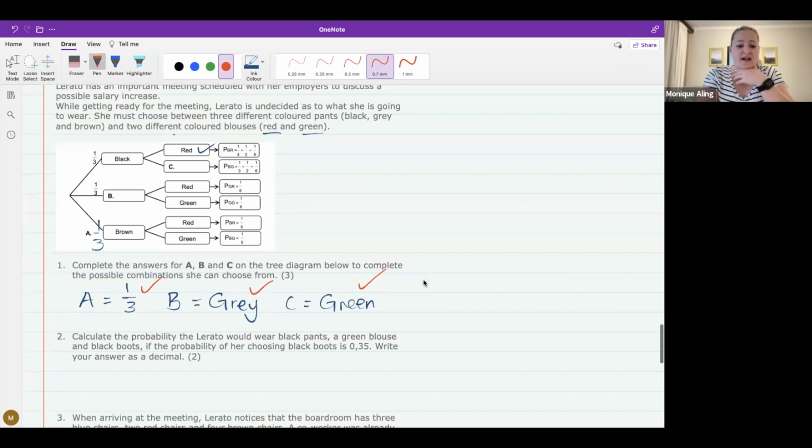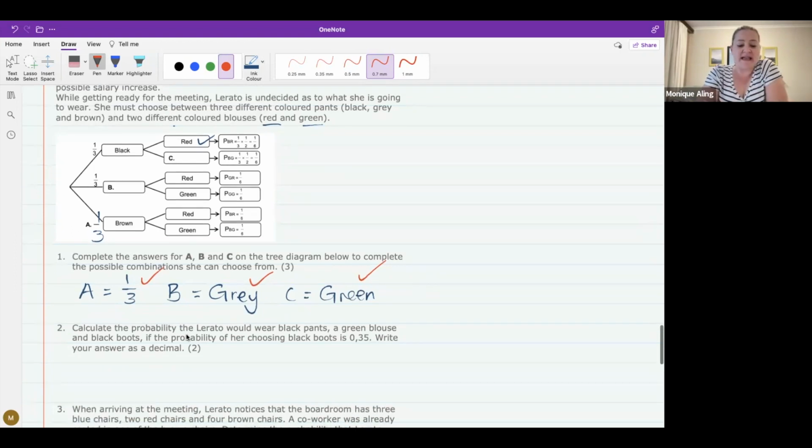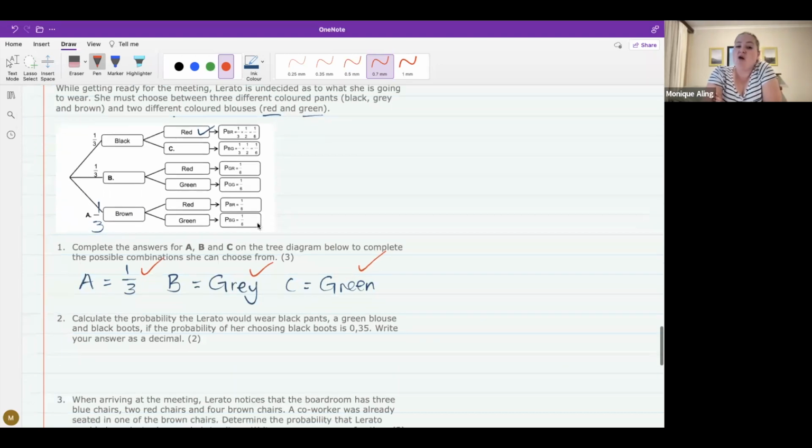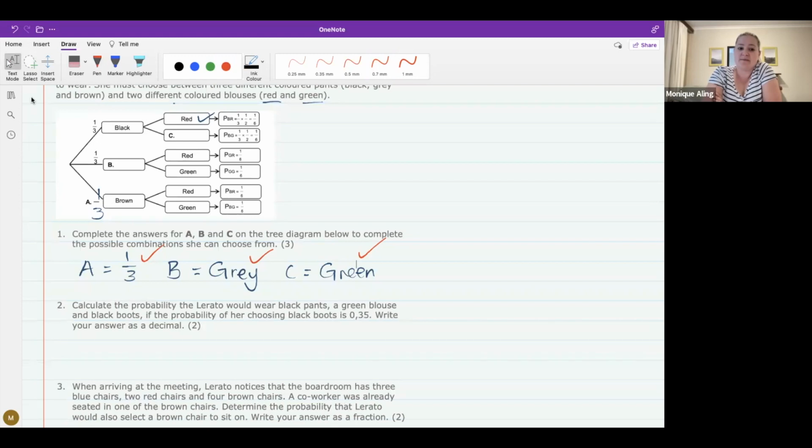Okay. Calculate the probability that Larato would wear black pants, a green blouse, and black boots, if the probability of it choosing black boots is 0.35. Write your answer as a decimal. So this is something new. Any takers want to tell us how we would do a question like this?